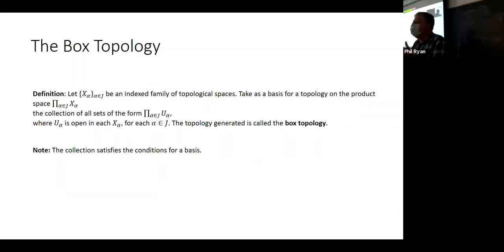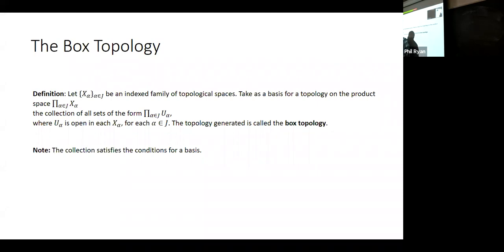Okay, so let's look at these two different topologies. The first is called the box topology. So again, we're setting up a Cartesian product. We set up with an indexed family of topological spaces.